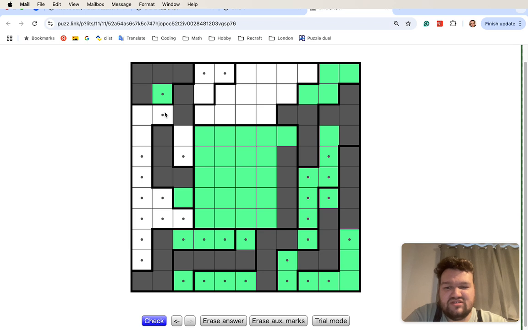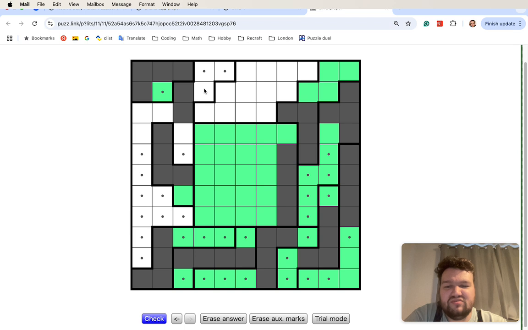If I don't use this cell, this also will be an L, so I'm using it. This also will make it an L. Cannot use this one because of this 2x2, so it must be like this. Now I cannot use this cell because of this 2x2 square, so to continue further I need to use this one. And here there are a lot of options, but only one of them works for the types.